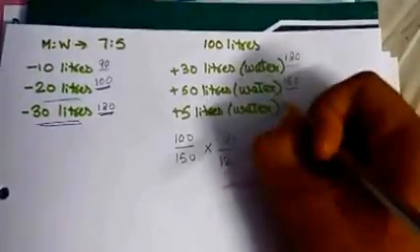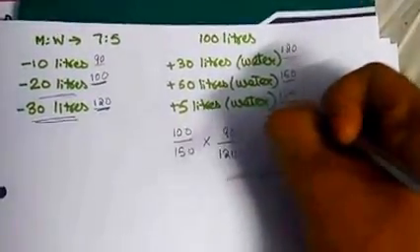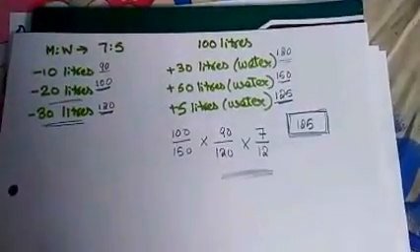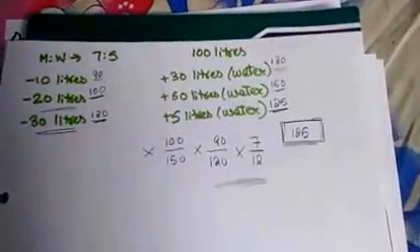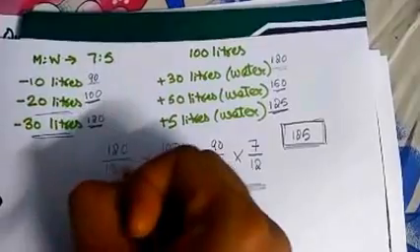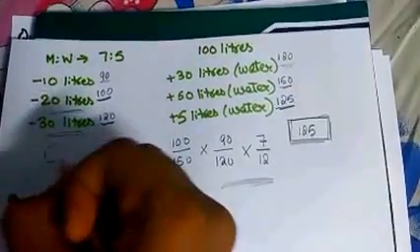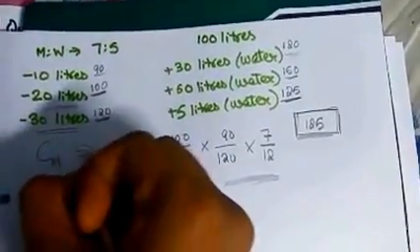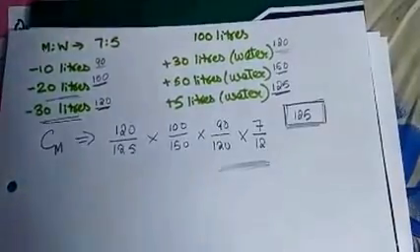And after that, now you're adding 5 more liters, so your volume would be 125 liters. Again, you have two values, 120 and 125. It will be 120 divided by 125, and this is the concentration of milk, and this is the final amount.